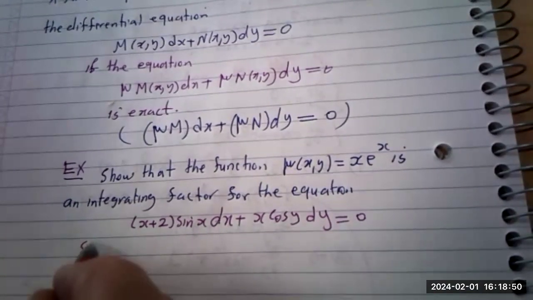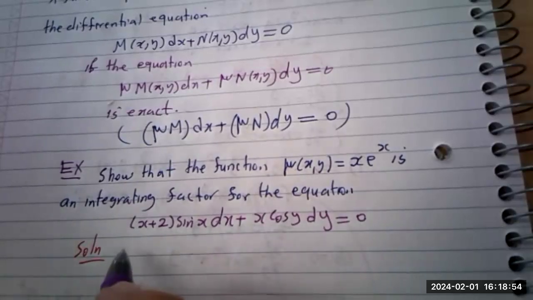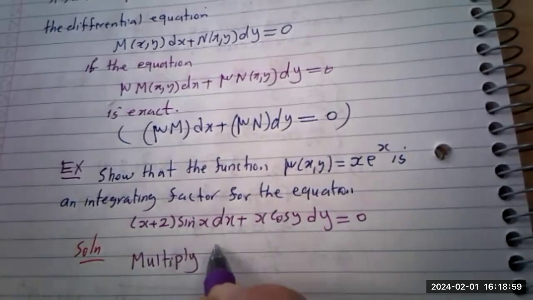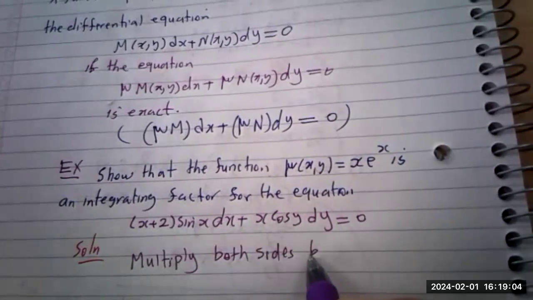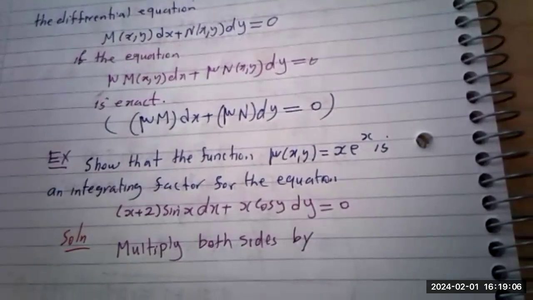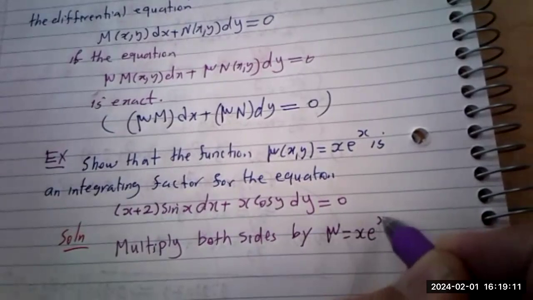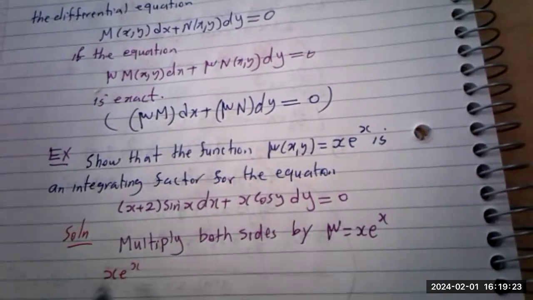Multiply both sides of the equation by mu, which is equal to x e to the x.